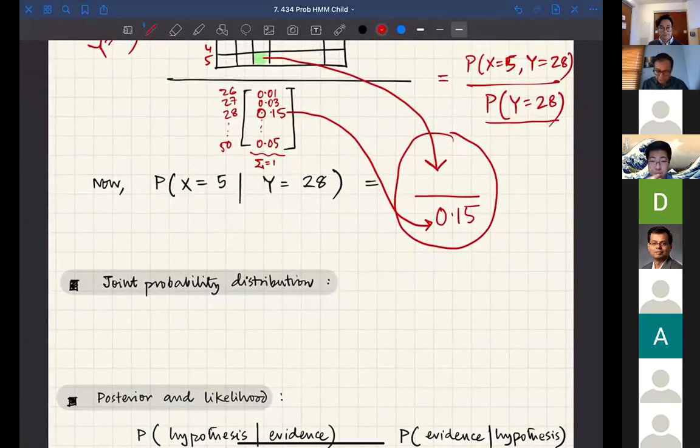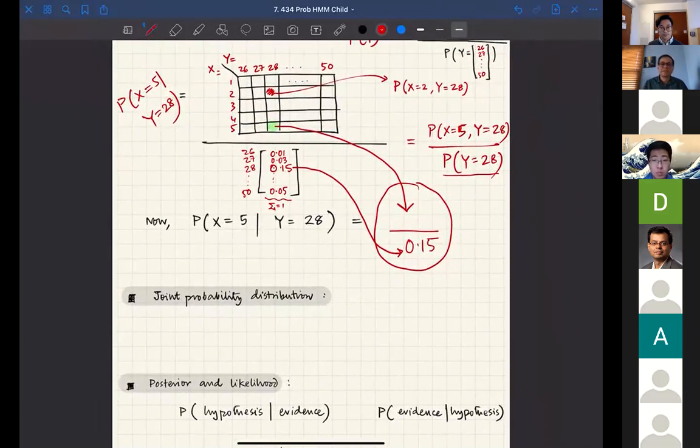So this joint distribution, this matrix, can be thought of as an x-axis and a y-axis. X takes the values of 1, 2, 3, 4, 5. Y takes the values of 26, 27, 28, 29, all the way till 50.